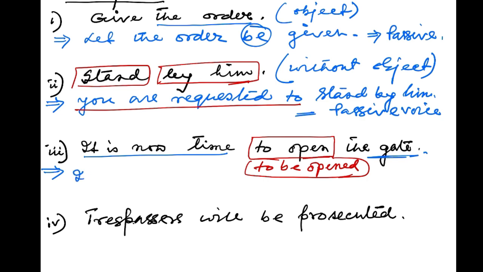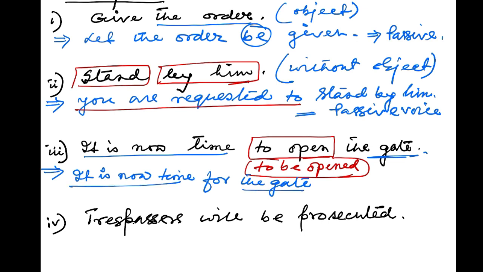It is now time. Now take a preposition for the gate. Otherwise the gate won't be connected with this part. The gate is connected here with the help of for. So it is called a preposition, you know.